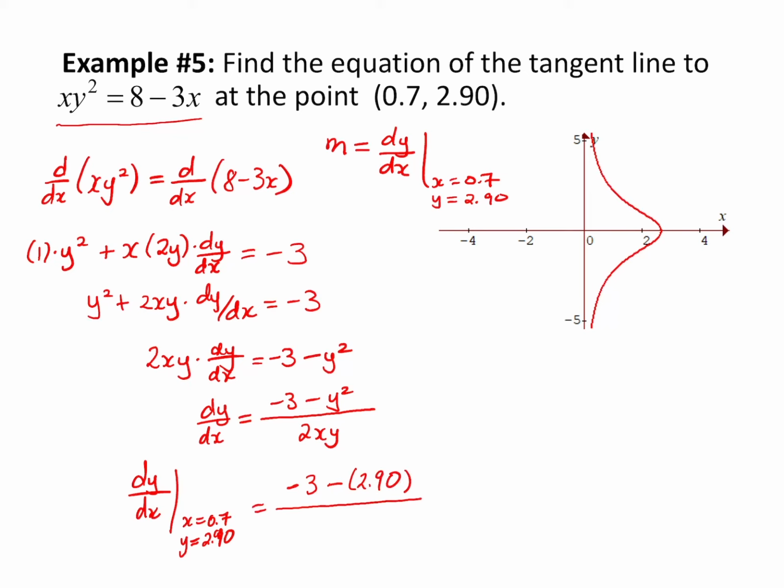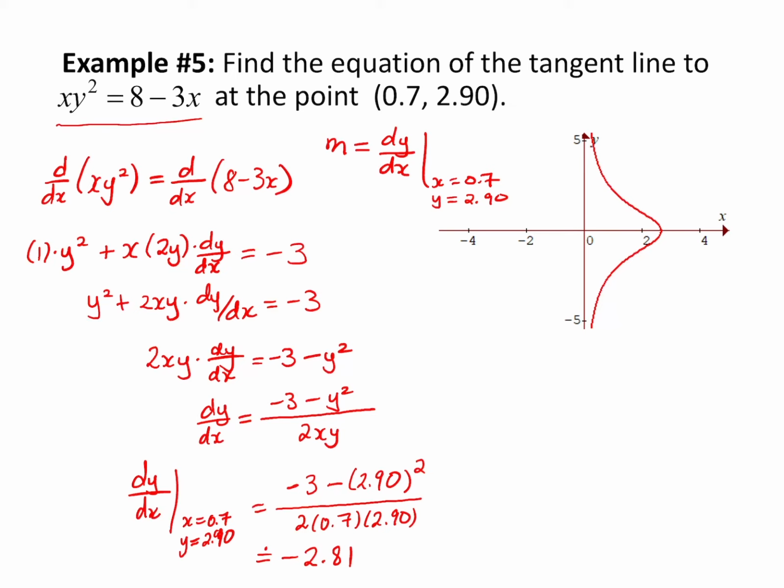So we'll have negative 3 minus 2.90 squared over 2 times x, 0.7, times y, 2.90. And if we calculate that out, negative 3 minus 2.9 squared over 2 times 0.7 times 2.9, we end up with negative 2.81 approximately.